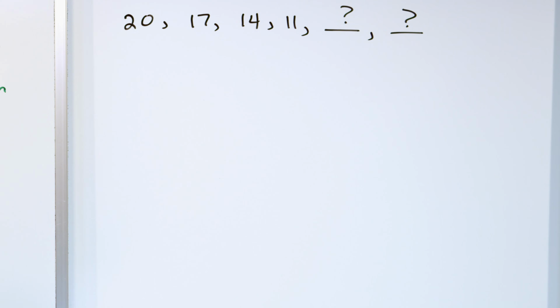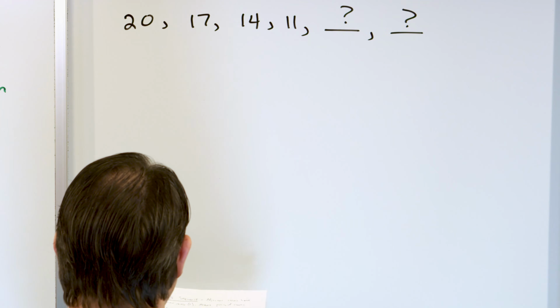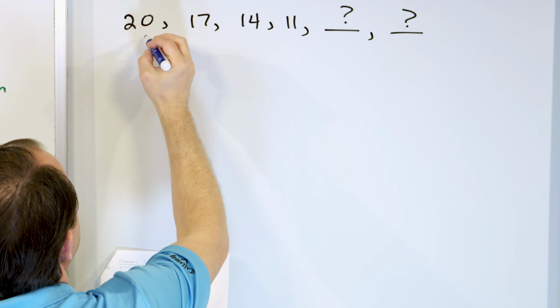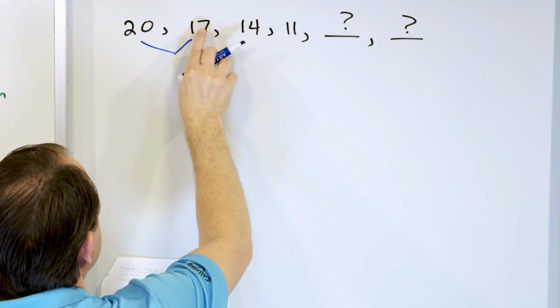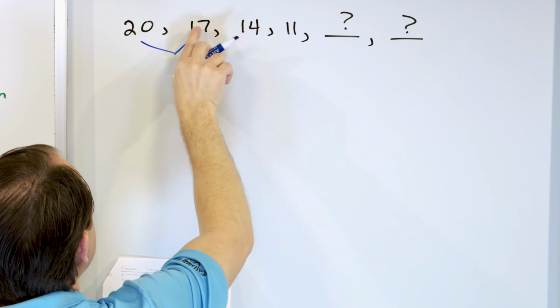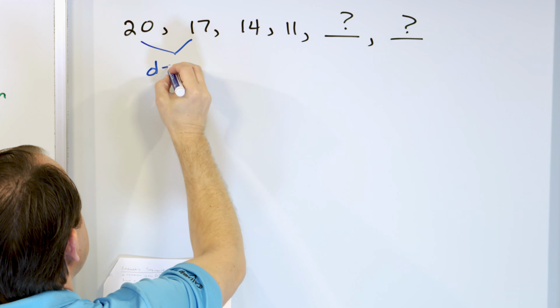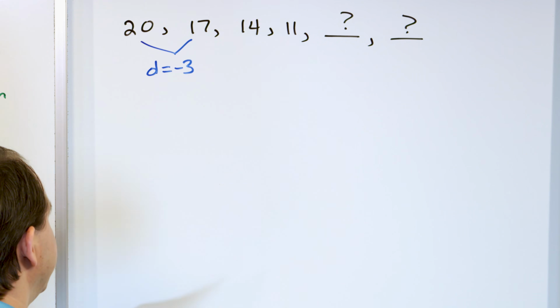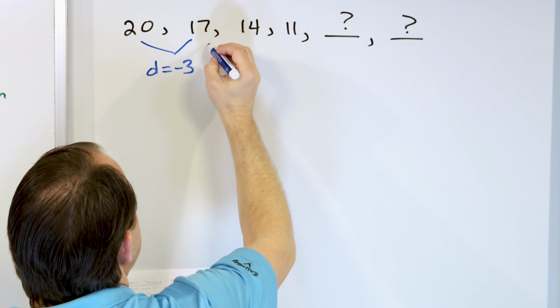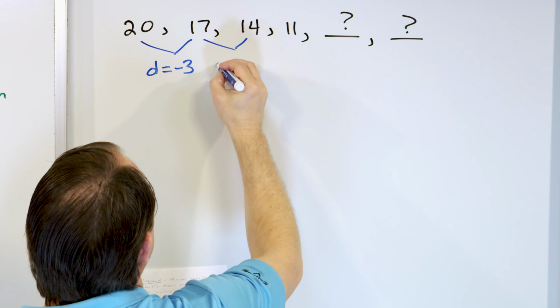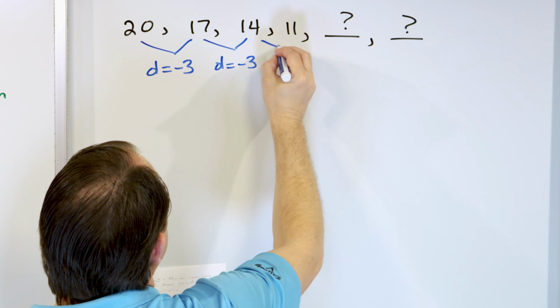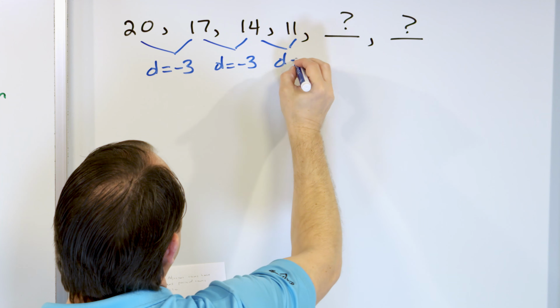So you have to say, well, is it arithmetic? What I need to do is look at the commonality in the terms. I'm going to look at this and say, what is term number 2 minus term number 1? 17 minus 20 comes out to -3. D is -3, the difference. What is the difference here? 14 minus 17. D is again -3. What is the difference here? 11 minus 14. D is -3.